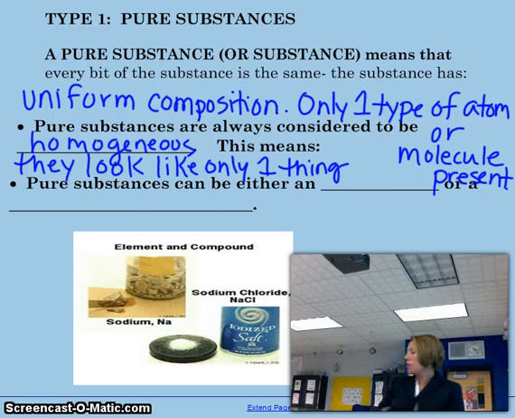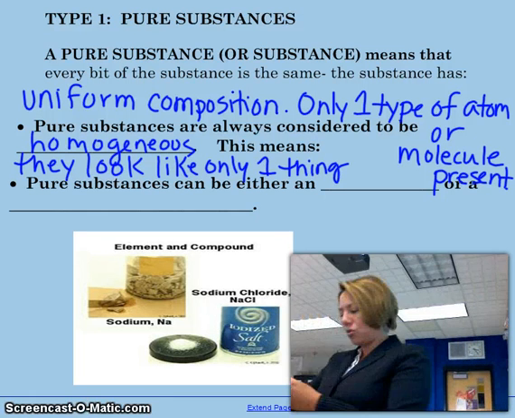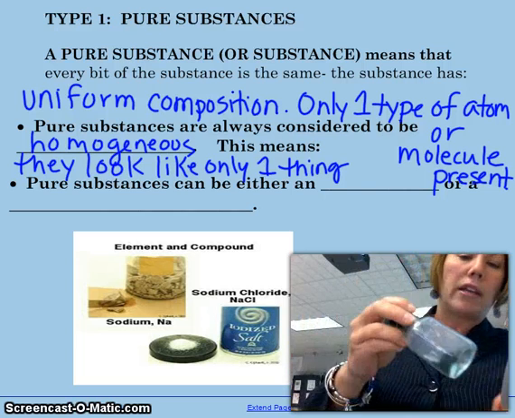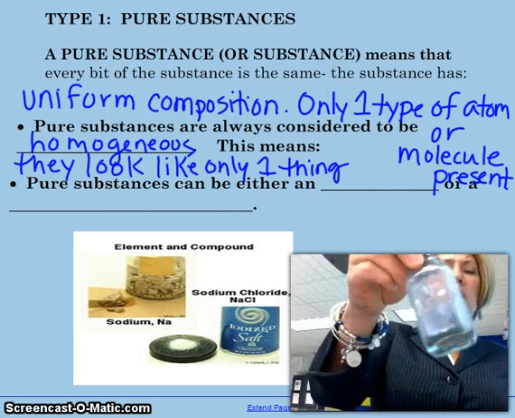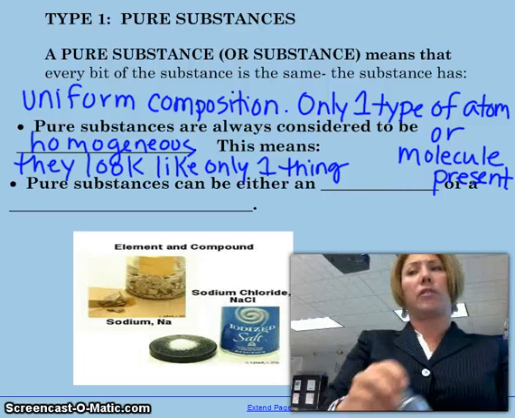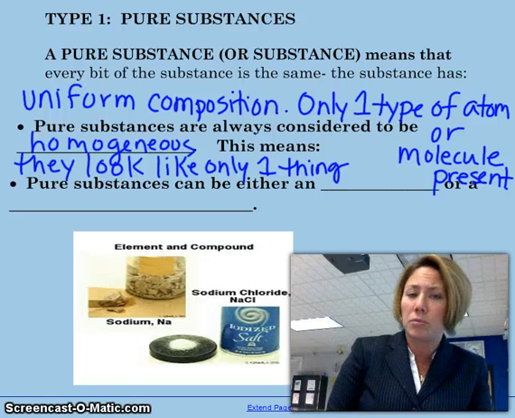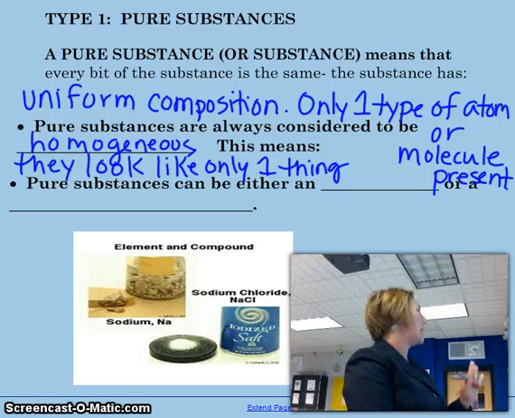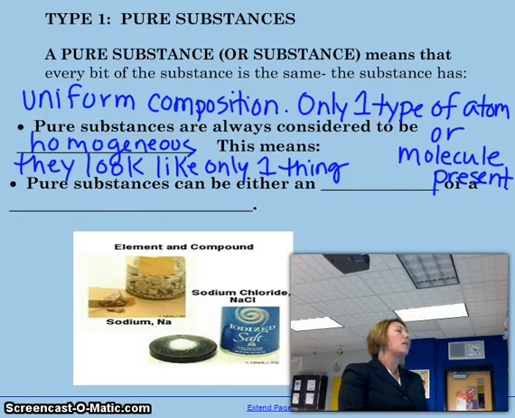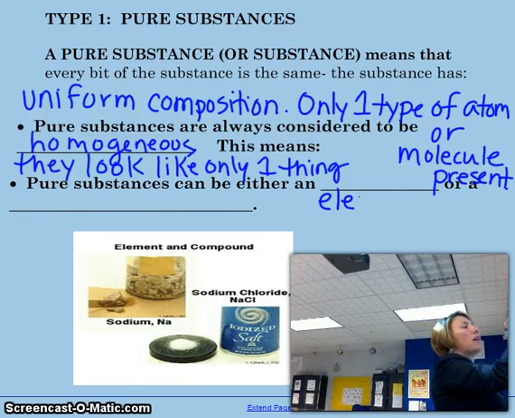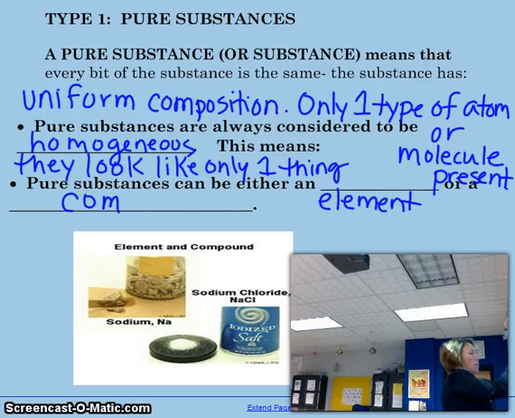Even though this chromium chloride is made of two different elements, it only looks like one thing because they bond together and function as a unit. So we say it's homogeneous, or sometimes you'll hear it pronounced differently. It's the same thing. If you are a pure substance, then you are either an element or you are a compound.